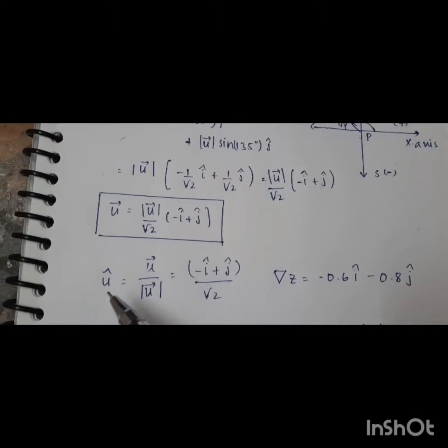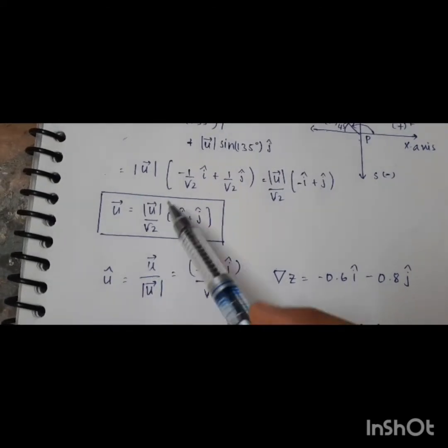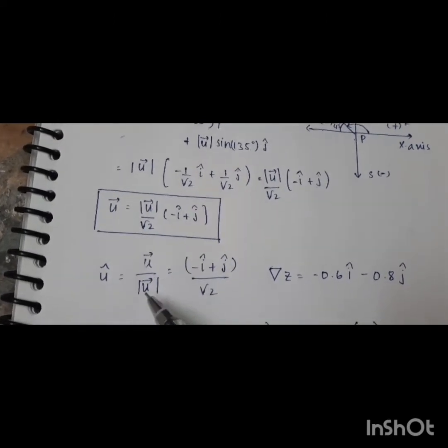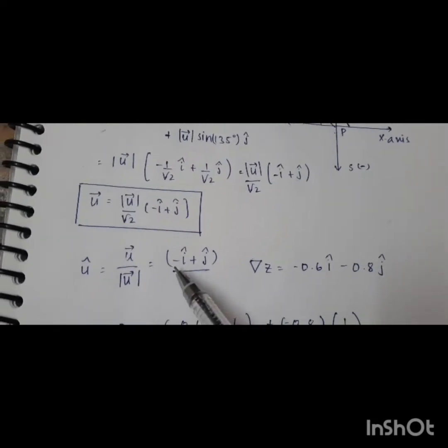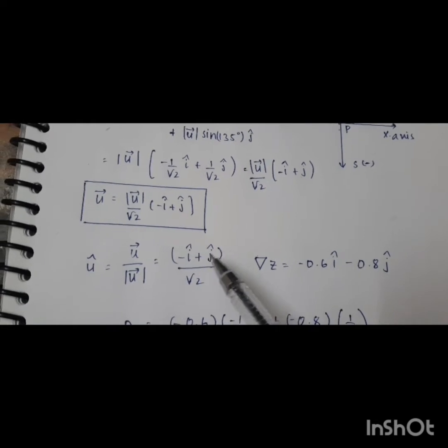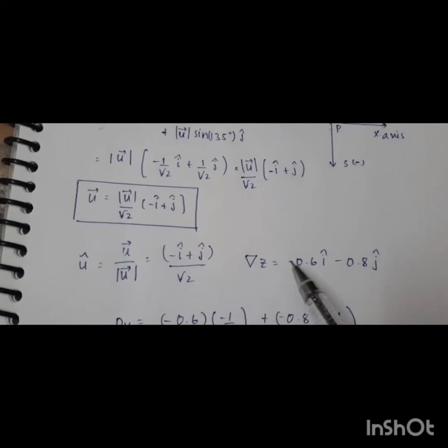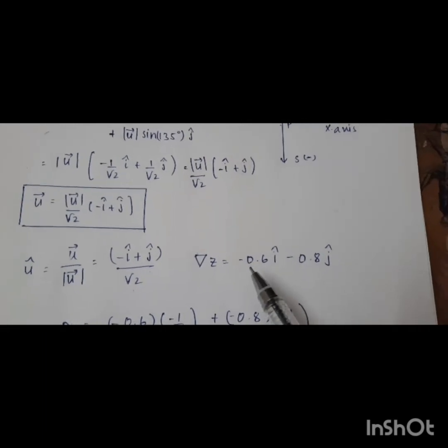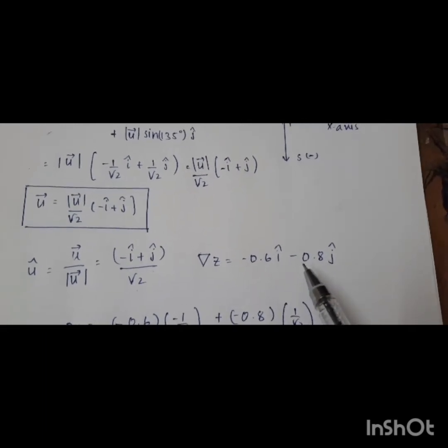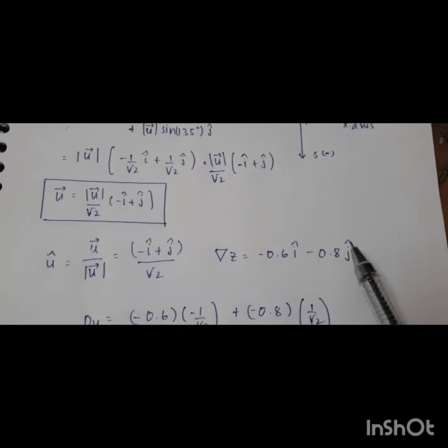The unit vector u cap of this vector would be u bar by modulus of u bar, that is minus i cap plus j cap by root 2, and we know that the gradient of our function is given as minus 0.6 i cap minus 0.8 j cap.